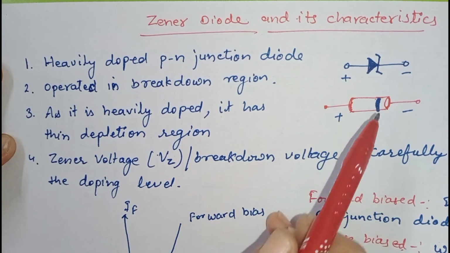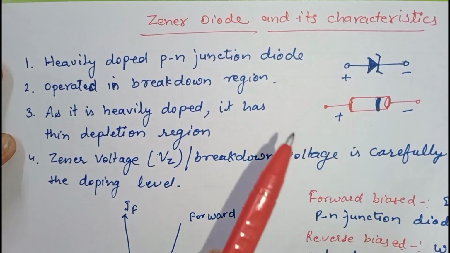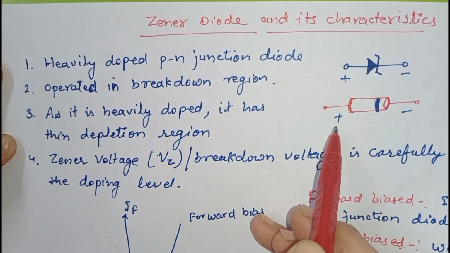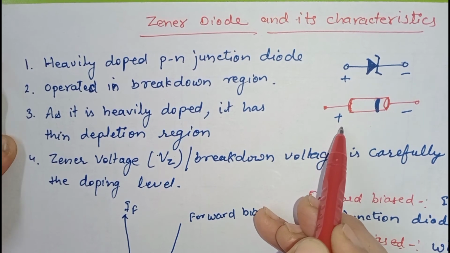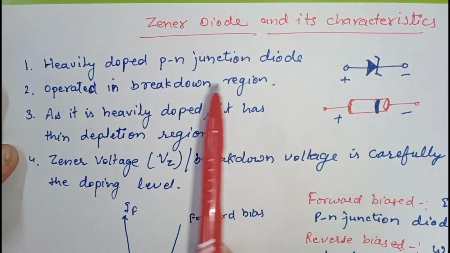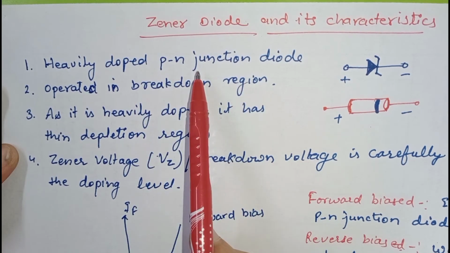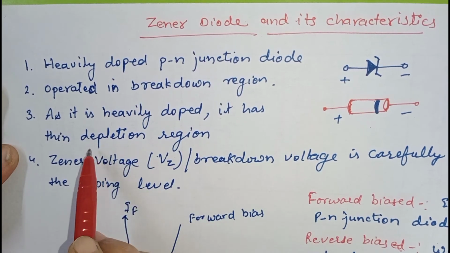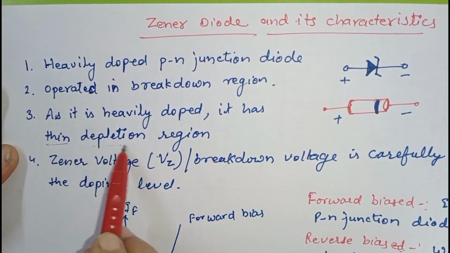In a commercial diode, there is a band on one side and it shows the cathode side, and this is the positive side, meaning anode side. A Zener diode has heavy doping on both regions, in P region and in N region. Because of heavy doping, it has a very thin depletion region.